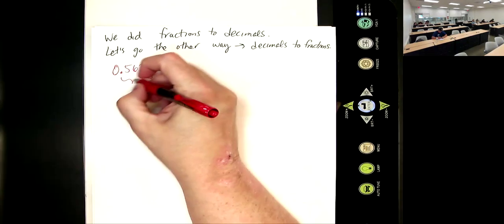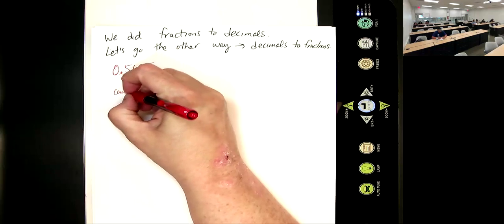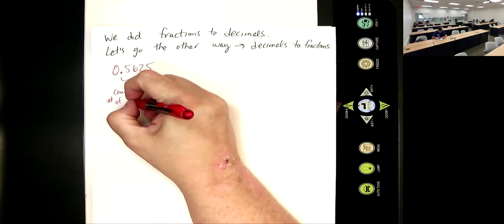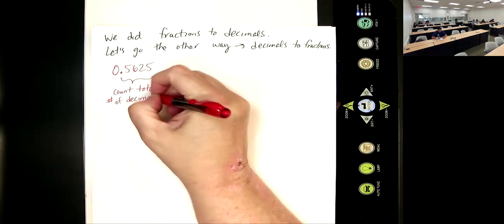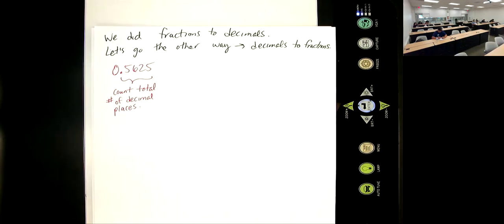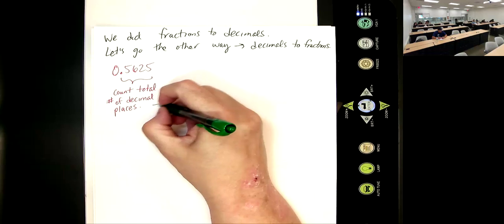Count the total number of decimal places. In this case, we have 4.